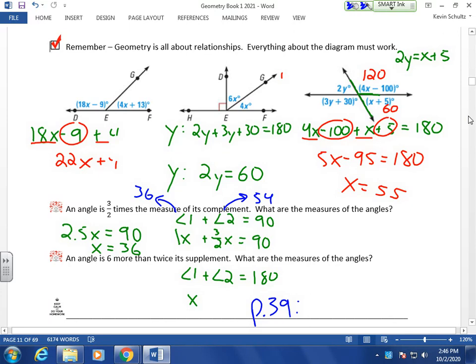On page 39, 20 through 27, and then 31 through 38. But you already did number 33 because that was in the book, and I put it up there. So you can skip 33 because you already did that one. So page 39, 20 through 27, 31 to 38. I'm 2 minutes over. I'm disappointed in myself. But that, folks, is how you math.